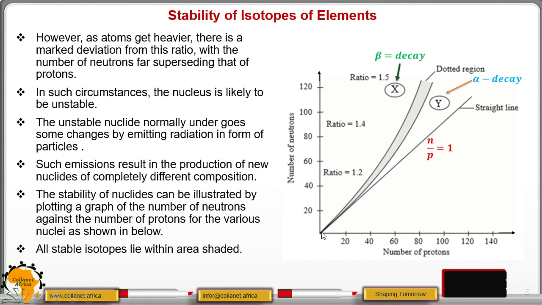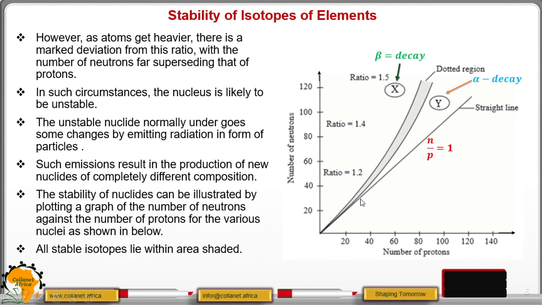You can see that for those elements that are light, that is the first 20 elements, they all lie within this straight line, and therefore they are stable because the ratio of neutron to proton is 1. Therefore they are stable. They are not radioactive.